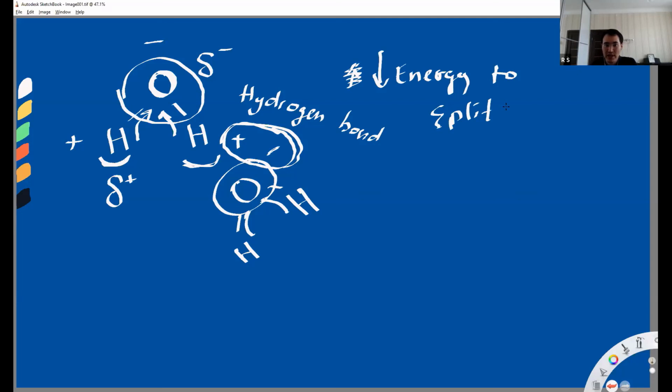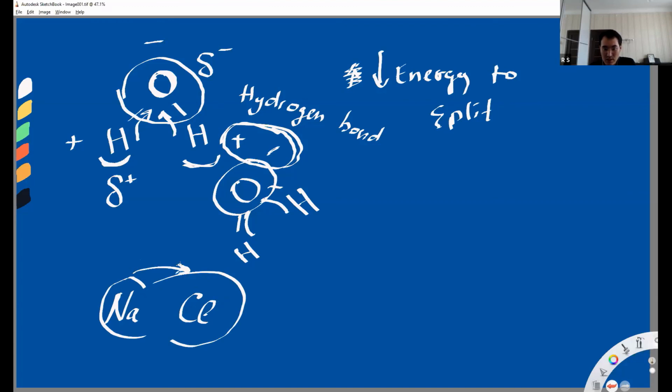Okay, so why is it related to the ionic bonds? If you remember, for example, sodium chloride, this part was looking almost like in this molecule. So chlorine would pull this electron from here and become negatively charged, while sodium becomes a positive ion.